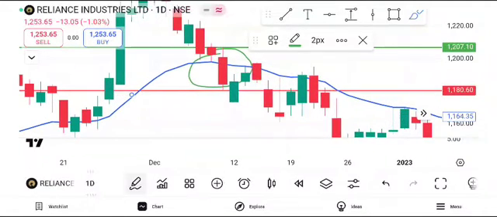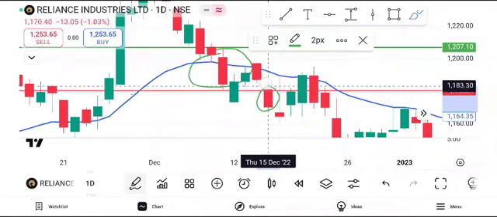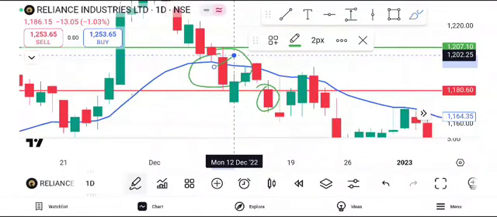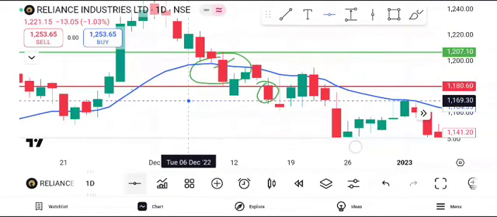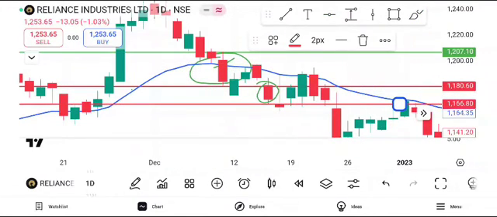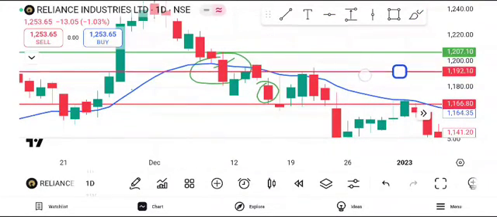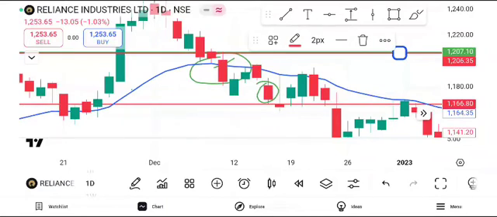Again, where this candle closes below this confirmation candle, there will be an entry. Below this will be the entry, and above this will be the stop loss. This confirmation candle will be the stop loss. See, this is the entry, this is the stop loss.